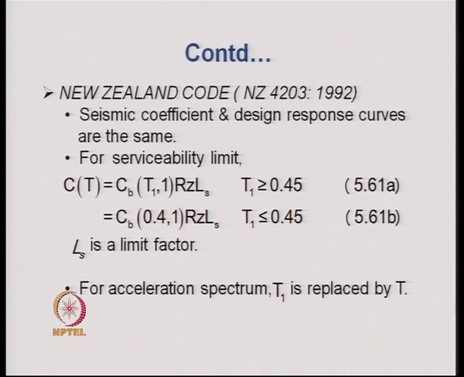Next comes the New Zealand code. In the New Zealand code, the seismic coefficient and design response curves are the same, they do not change. That is the Ch value and the Sa by g value curves are the same.